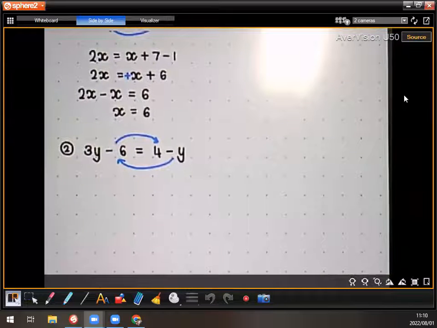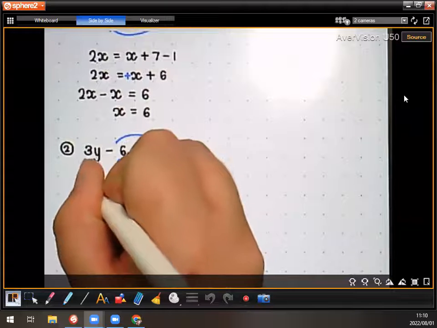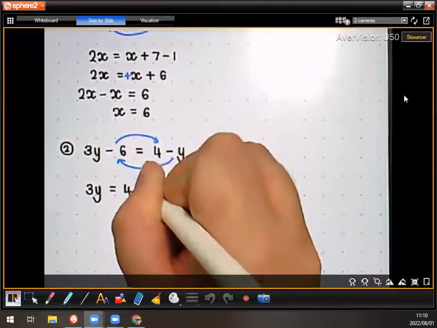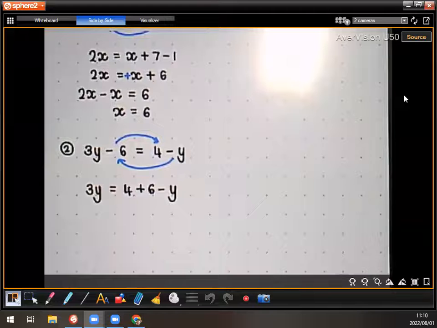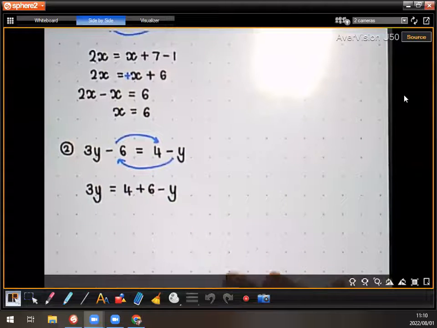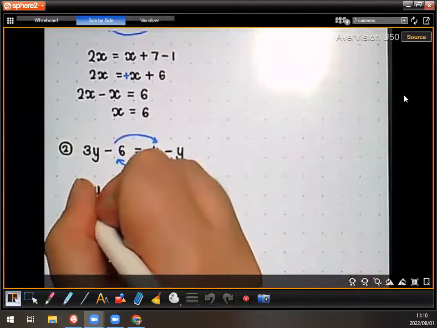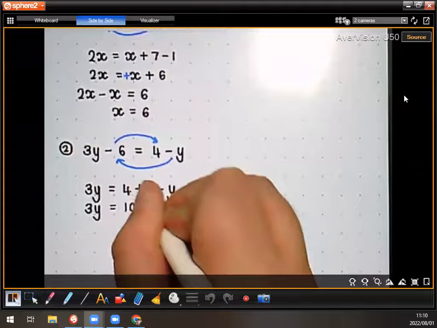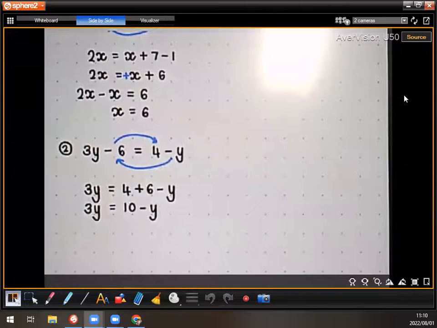What is the opposite of subtracting 6? Adding 6. So we're going to have 3y is equal to 4 plus 6 minus y. Right? The opposite of subtracting 6 is adding 6. What is 4 plus 6, guys? 10. Okay, so I have 3y equal to 10, and then I still have that minus y in.